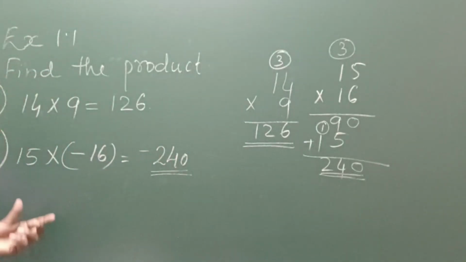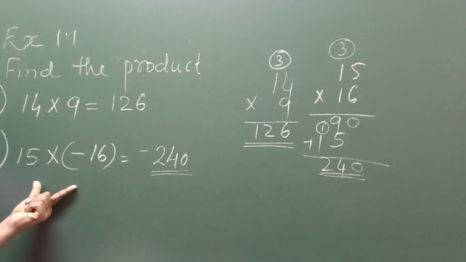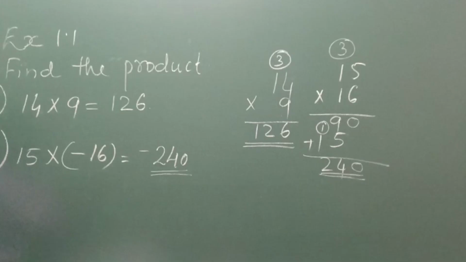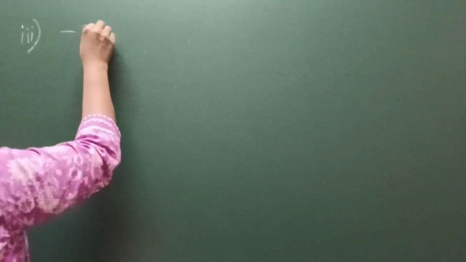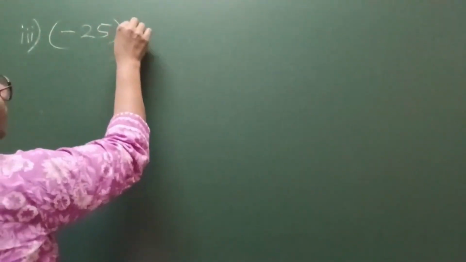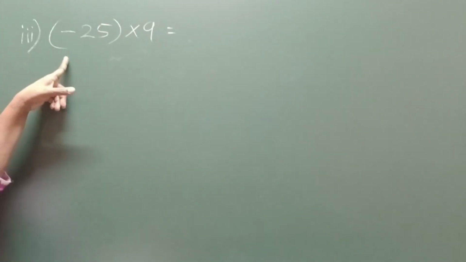This is how this kind of question comes. We have to do the multiplication. Our next sub-question is minus 25 into 9. Again, this is a negative integer.